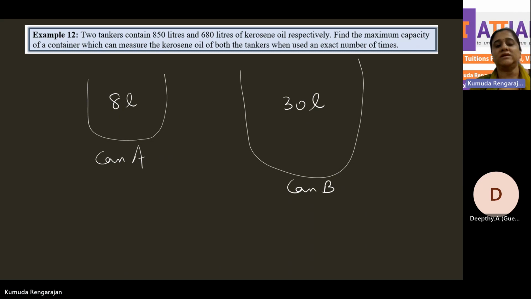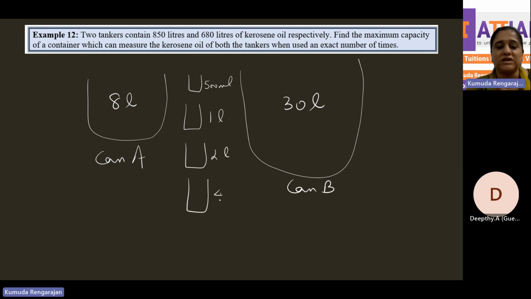Now, the milkman or the milkmaid has smaller measuring cups of different volumes. So she has a cup which can measure 500 ml, another cup which can measure 1 liter, a cup which can measure 2 liters, a cup which can measure 4 liters. You understand?